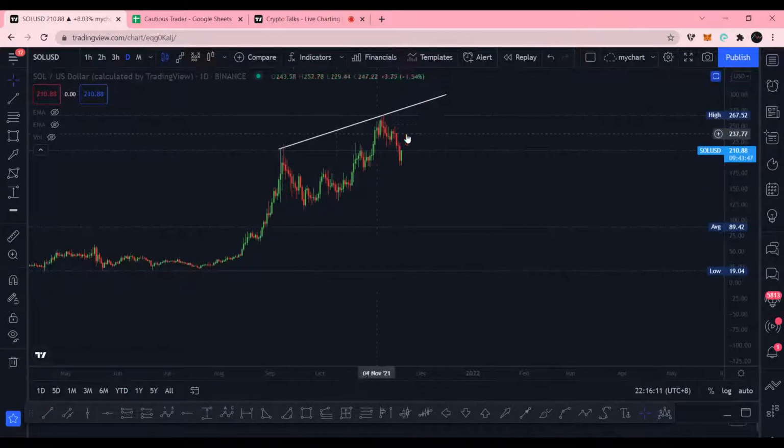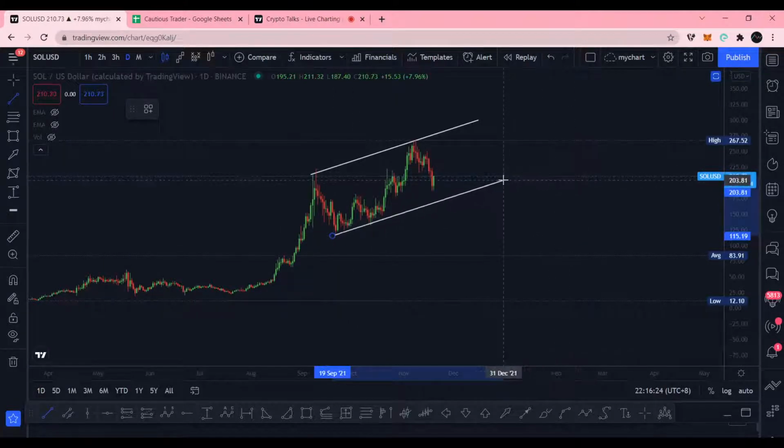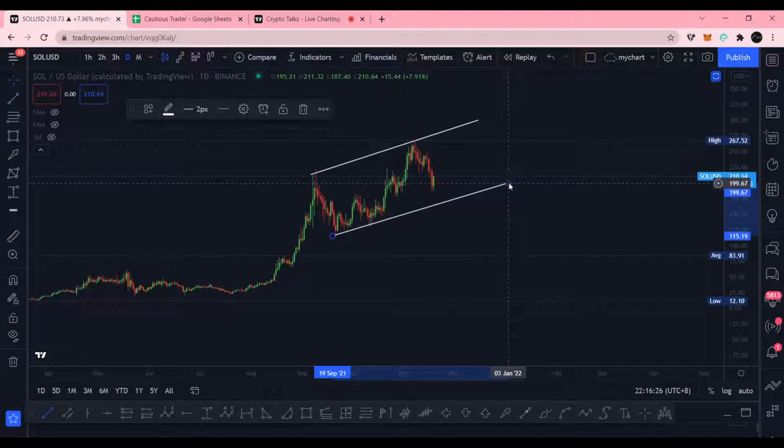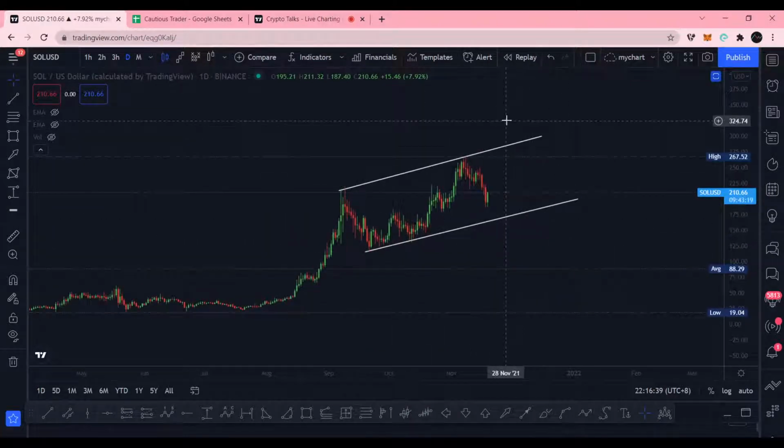So I think that wick is tolerable. So I'm using wicks as my support and resistance. But of course, if like what happened to Binance from 50 or 60,000 to 8,000, of course that 8,000 I will not use as my support because that's basically a scam wick.